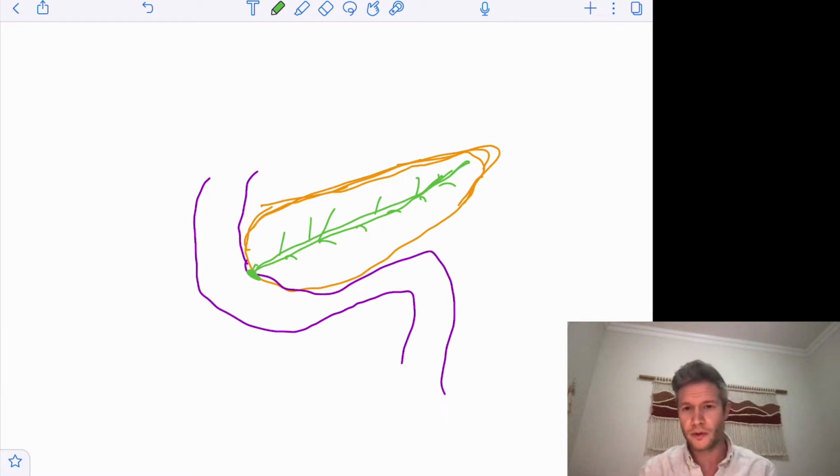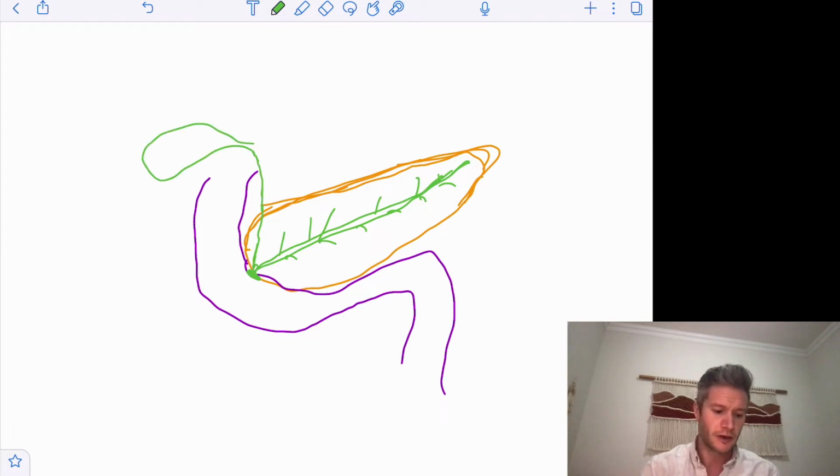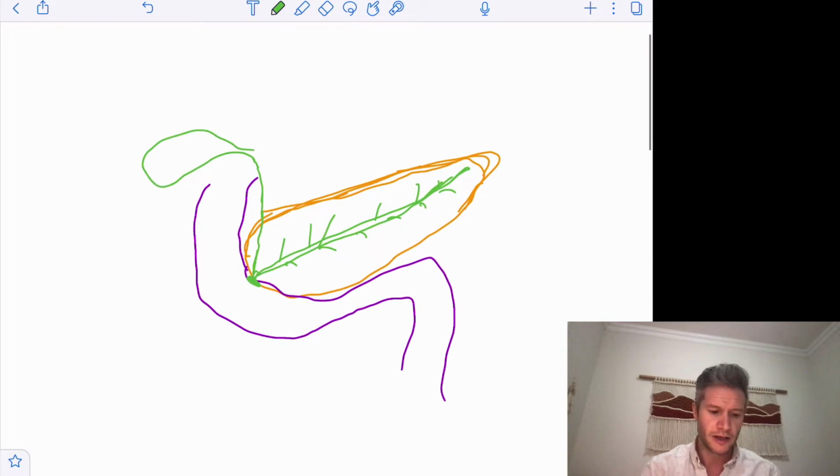But again, just for proximity and getting situated and orientated, split back up this way. Have something like the gallbladder up there. Okay, and obviously the hepatic bile duct and the common bile duct meet right there.